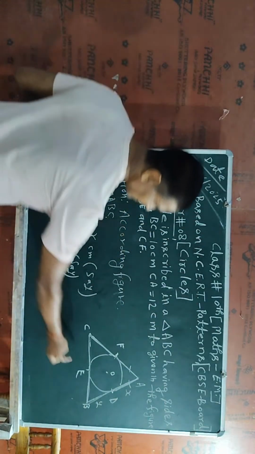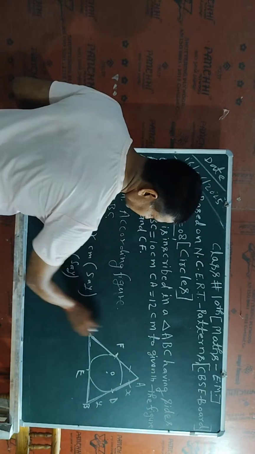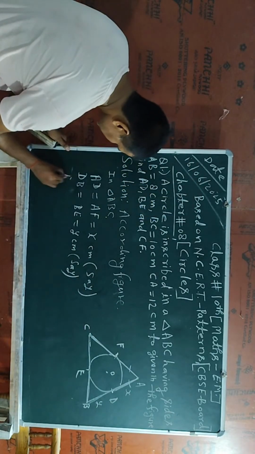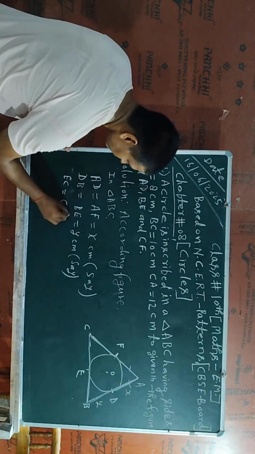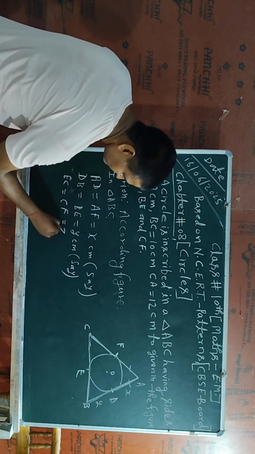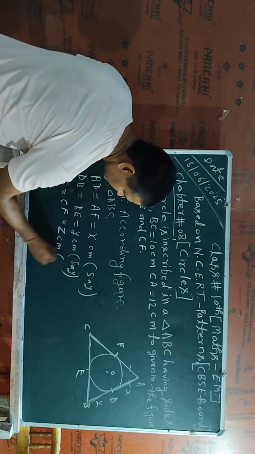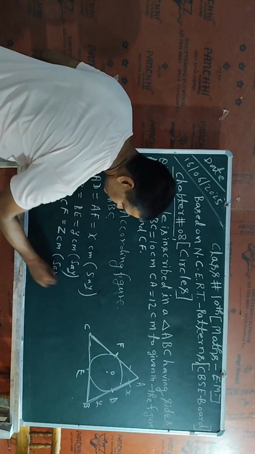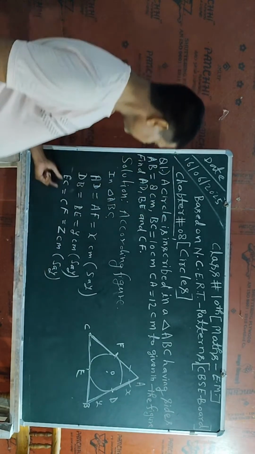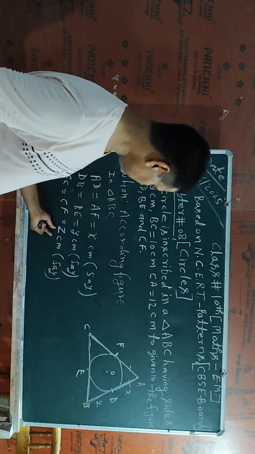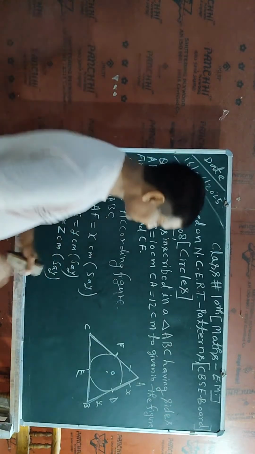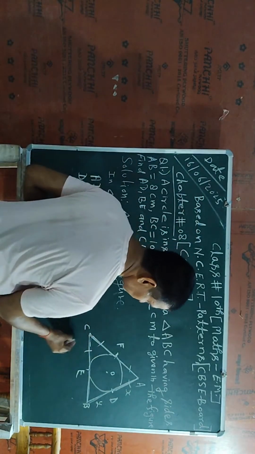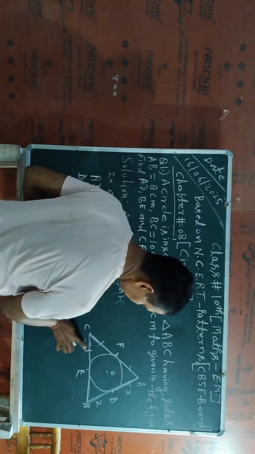Similarly, I will say length EC and CF both will be same. EC is equal to CF. Both lengths will be equal, and I will say Z centimeter. Means this length and this length will be equal, and its value will be Z.